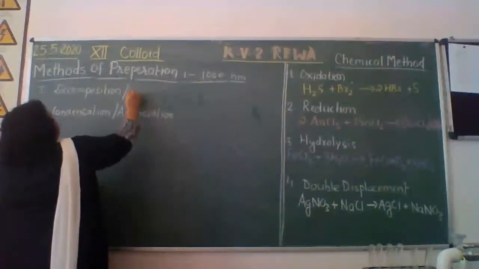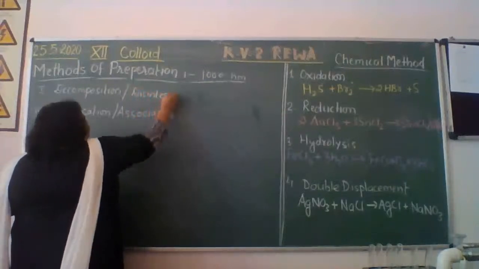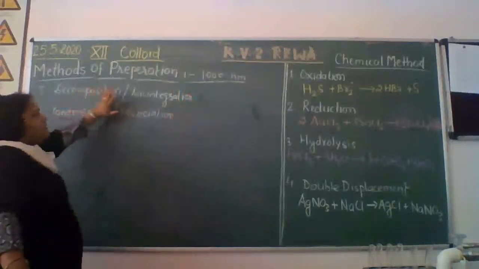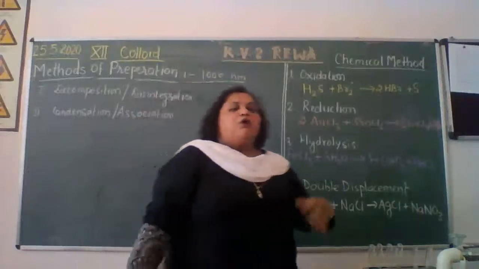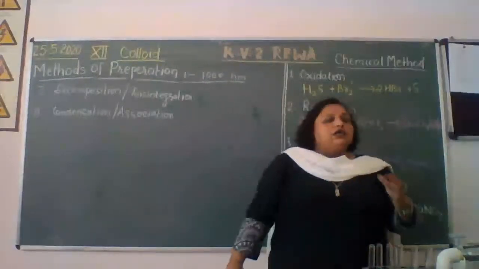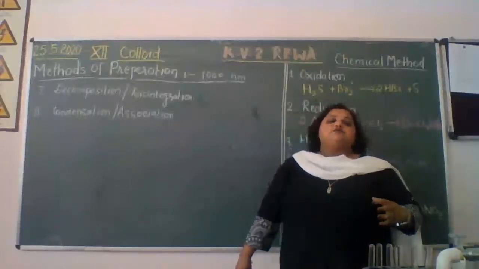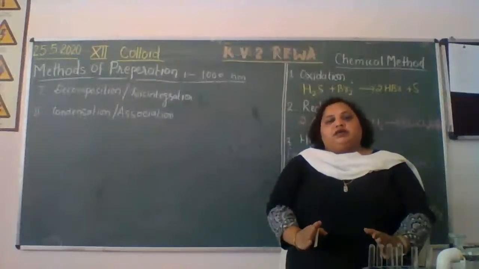This is the disintegration. Simply, if the particle size is larger, you have to divide it into smaller particles. You have to convert it into small pieces. And if the particle size is small, you have to increase its size. This is the only thing.